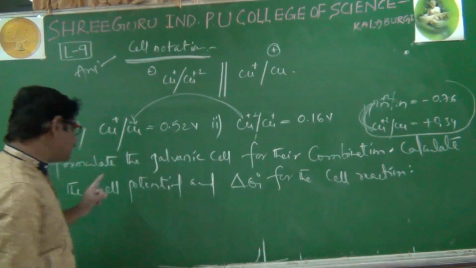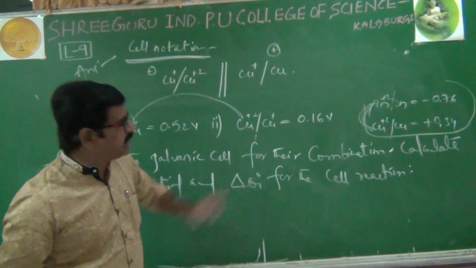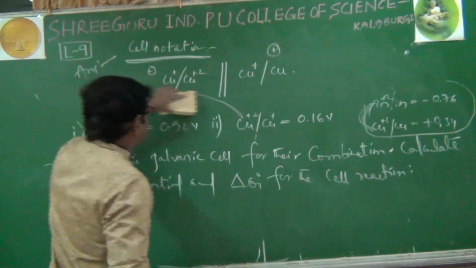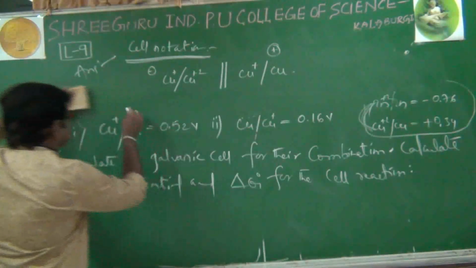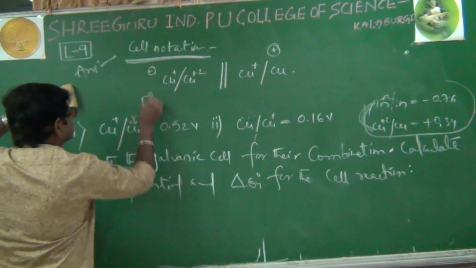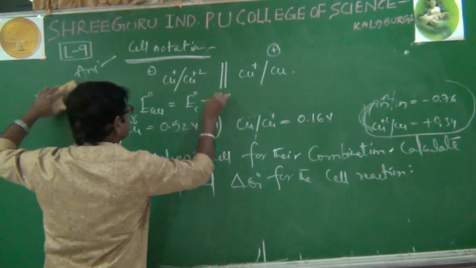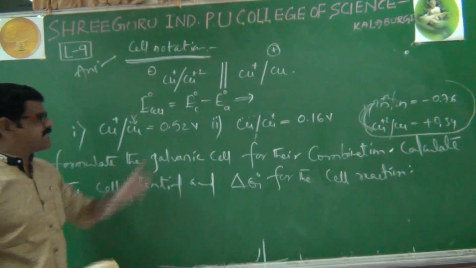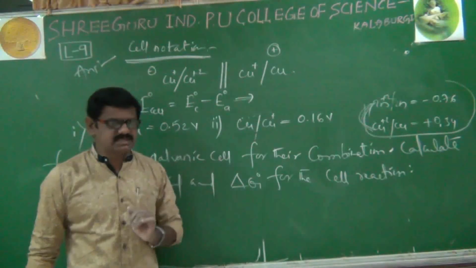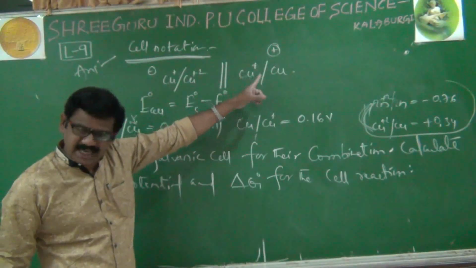Next, it is asking for the cell potential as well as the delta G naught value. Right. Now we will find the cell potential value. Cell potential is nothing but E naught cell. E naught cell is equal to E naught cathode minus E naught anode. Then which is cathode and which is anode? Just now we discussed it. The higher SRP should undergo reduction and acts as cathode.